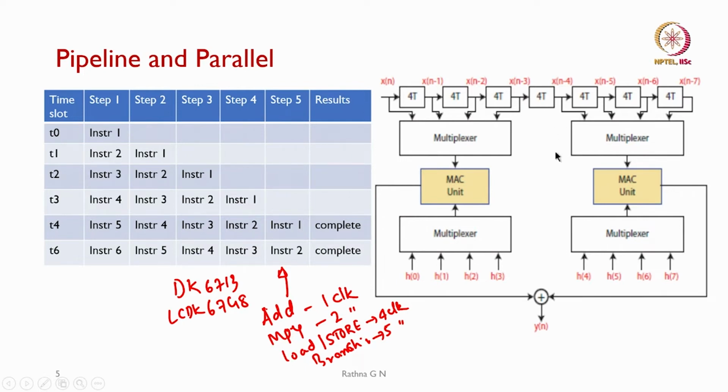And then in the parallel operation, we said that our DSP processor has two functional units. So I can do my operations in parallel, that is, there are 2 sides, and 4 functional blocks in each side.